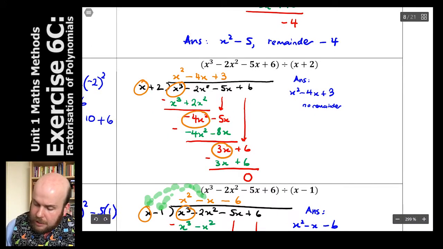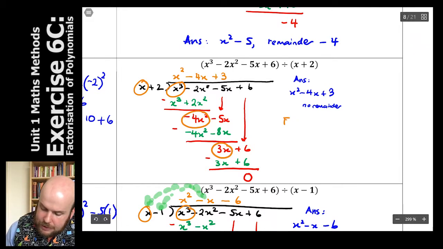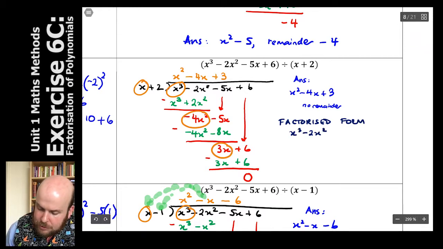So this second one here, where we had no remainder, we can actually factorize this. Let's get a different color actually, let's find one we haven't used. We haven't used the dark blue. So the factorized form: my original is x cubed minus 2x squared minus 5x plus 6.